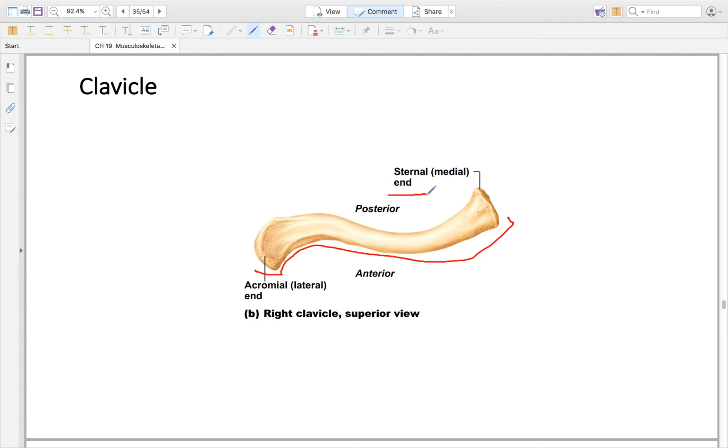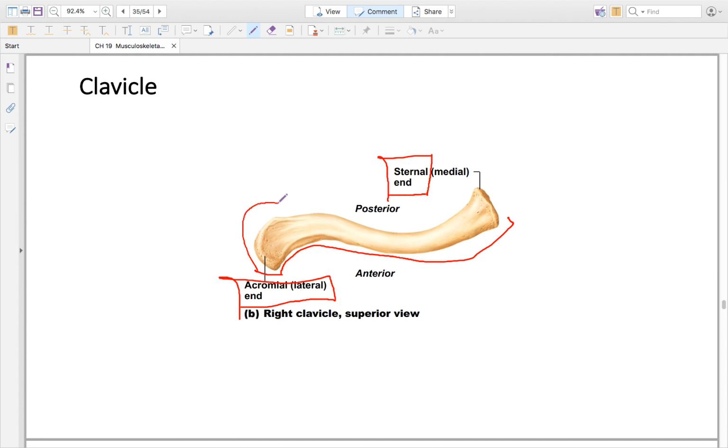Thankfully, it's very clearly labeled and called the sternal end. This is the acromial end, which connects to the shoulder blade.